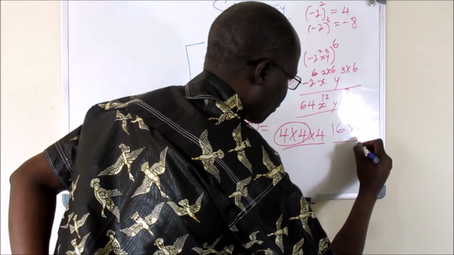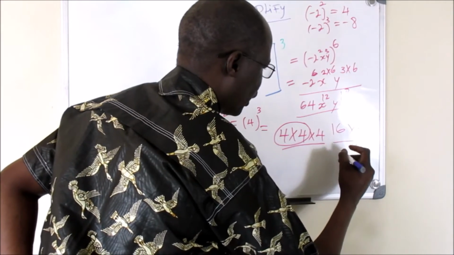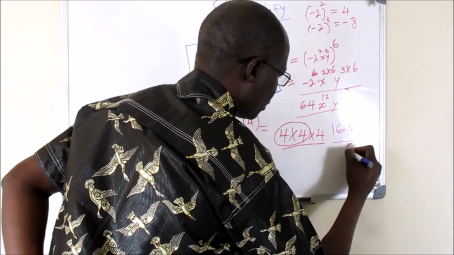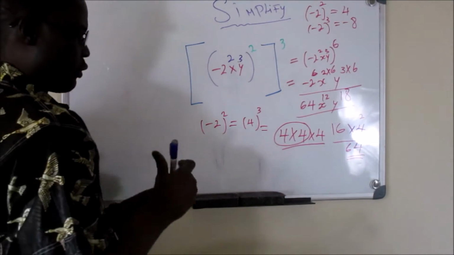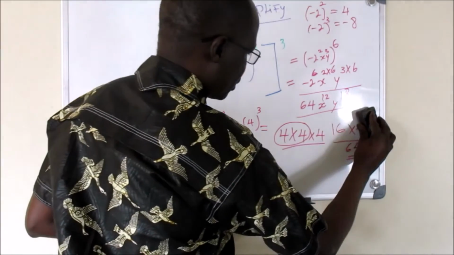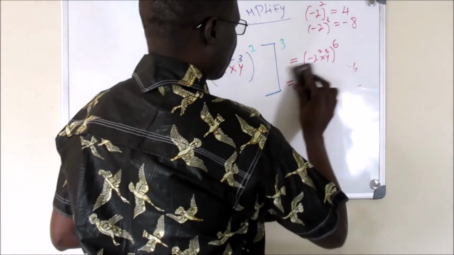So you have 4, you carry 2, 4 times 1 is 4 plus 2 is 6, so 64. That's how you get 64. So our answer is right. That's another way you solve this type of problem.